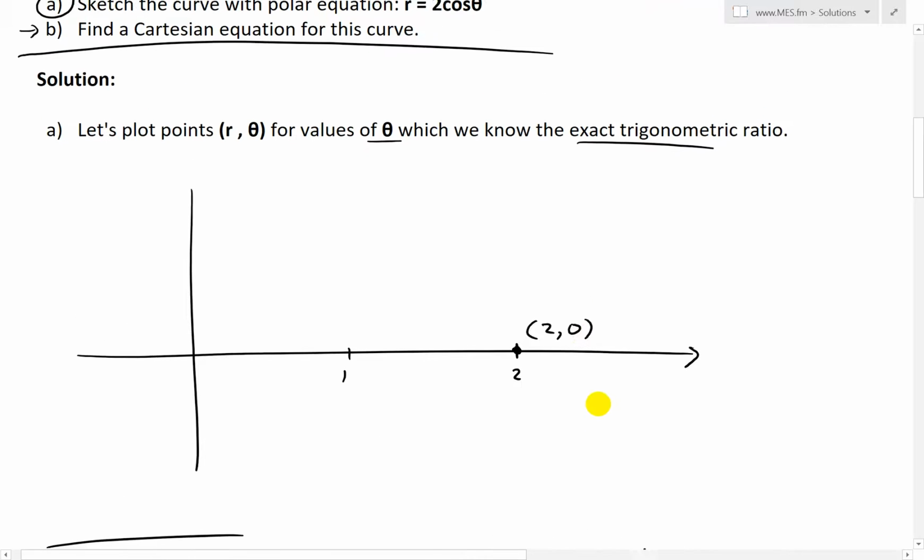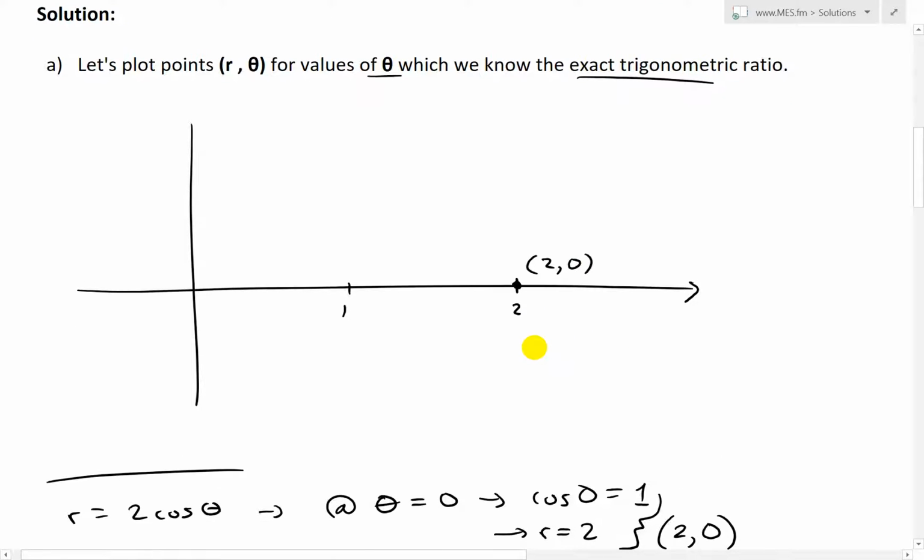Now I'll pick values where we know the exact trig ratios. From here to here is 90 degrees, so I'll split that up into 3 angles within it. I'm going to draw an angle like this, smaller, like this, and like this.